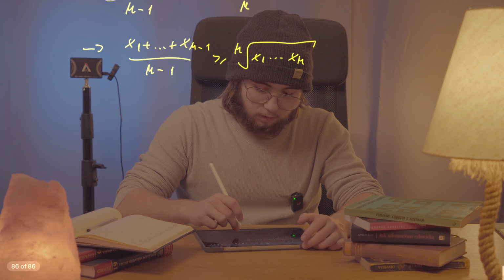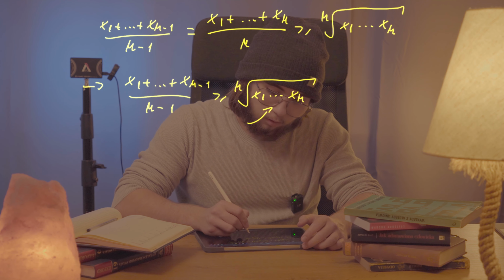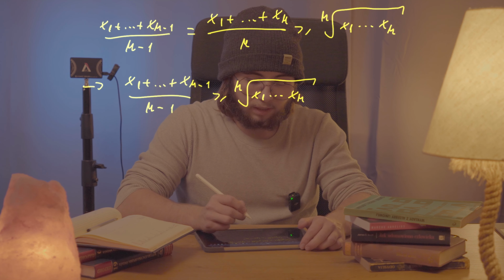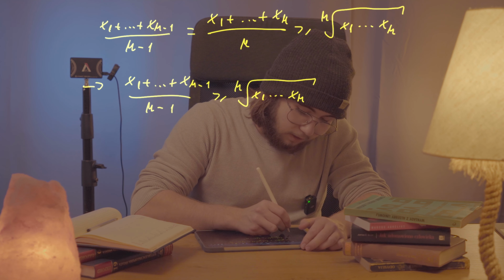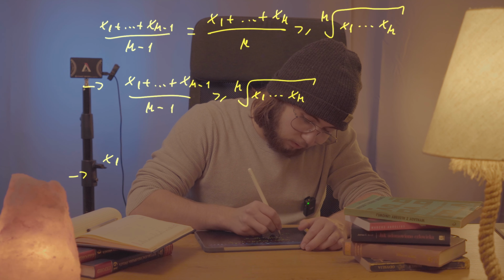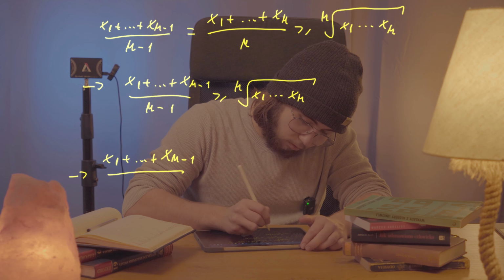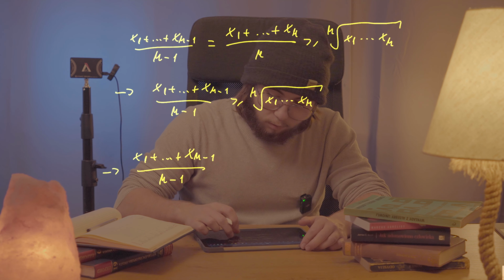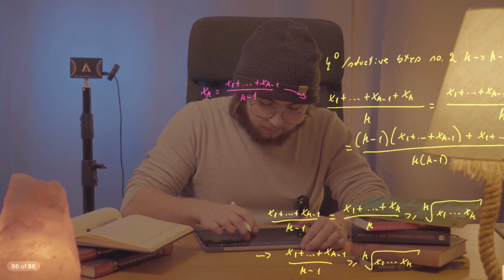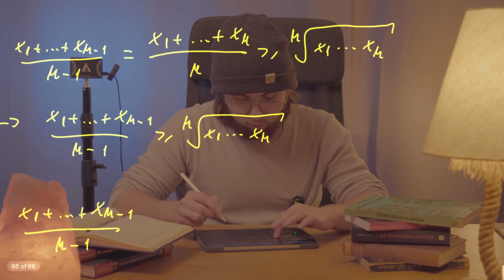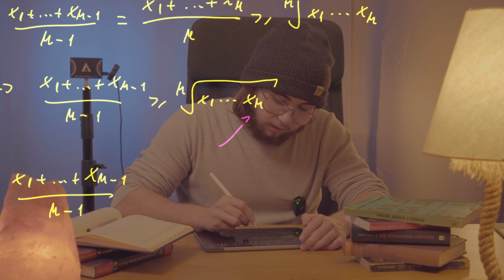What can we do to this poor root right here to make it look a little more like the thing we want? I'm just going to rewrite this thing here. We would like to plug in this value for x sub k to this x sub k right over here.